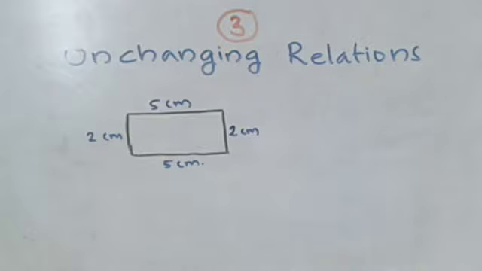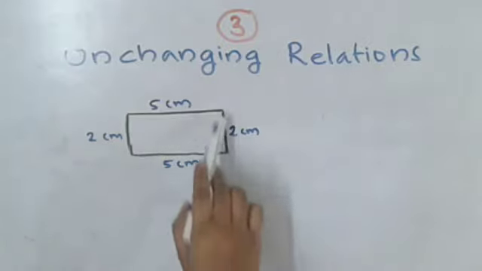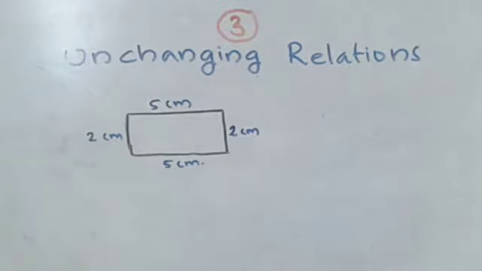Okay. Now, here you can see this is a rectangle. And I have a question for you: how do we write the relation between the length of sides of a rectangle and its area using letters? We want to write the relation between length of sides and area. For that, I am taking area.